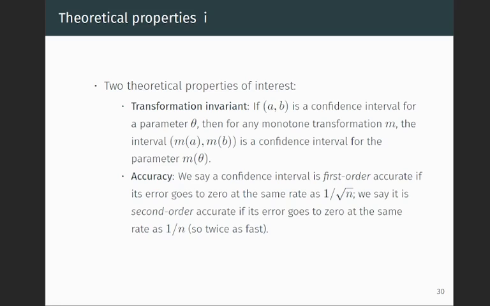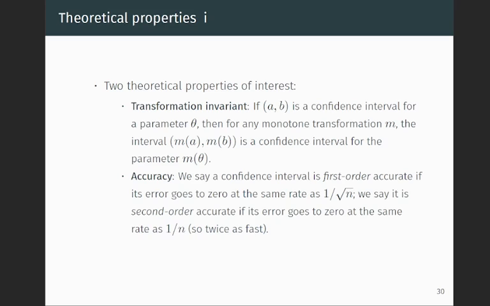Okay, so those were the examples. And just to finish, I want to go over the theoretical properties of these Bootstrap confidence intervals, and two properties in particular, which are of interest. The first one is transformation invariance.